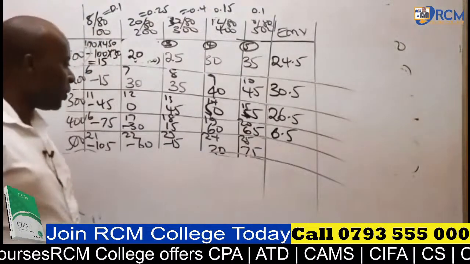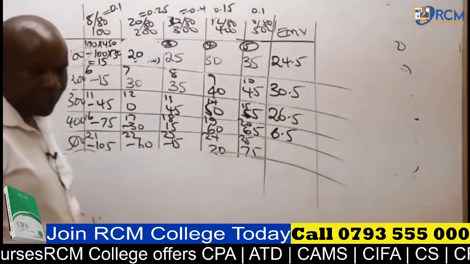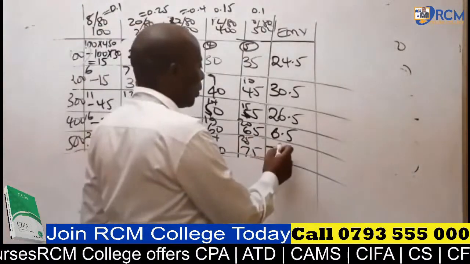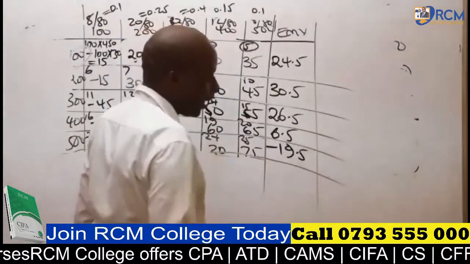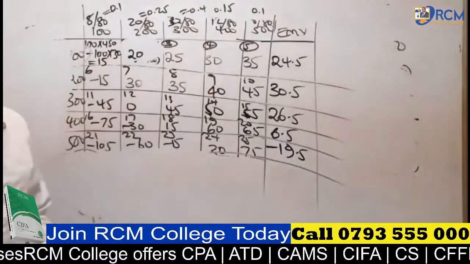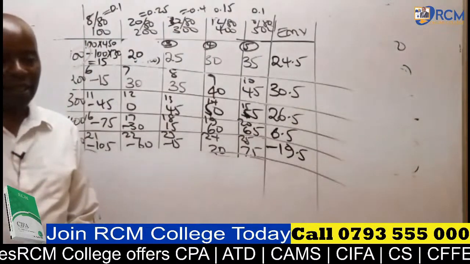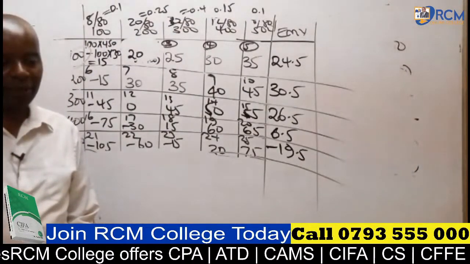No, Lokai tells me that the last one is supposed to be negative 19.5. Is that the case?